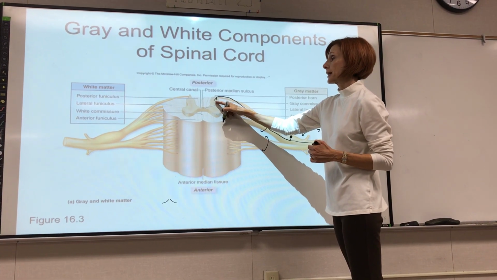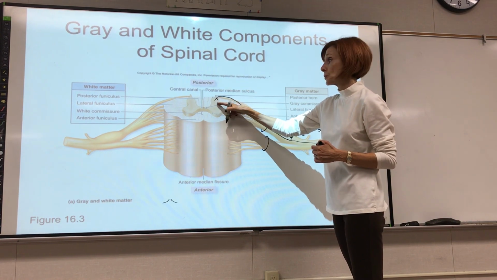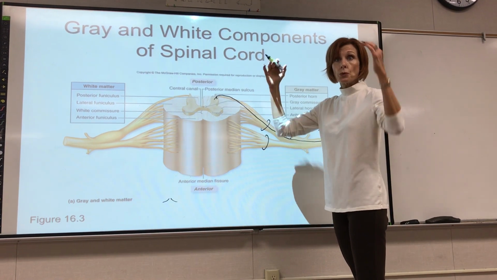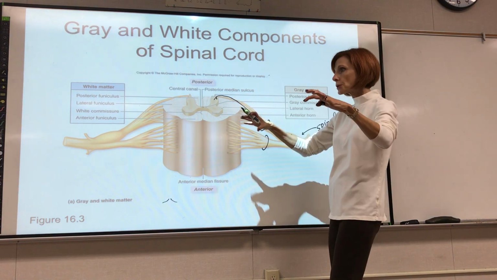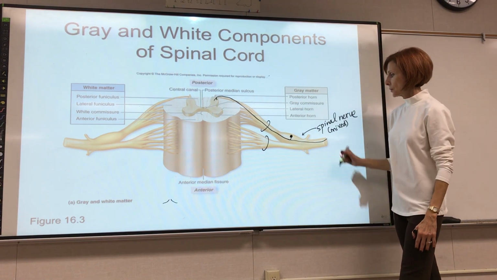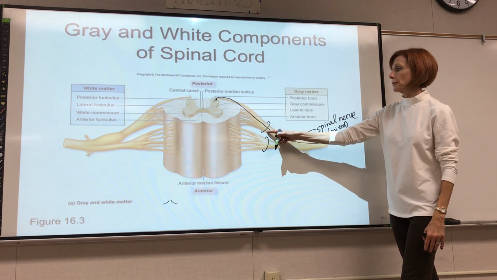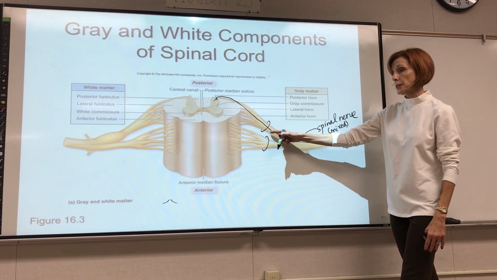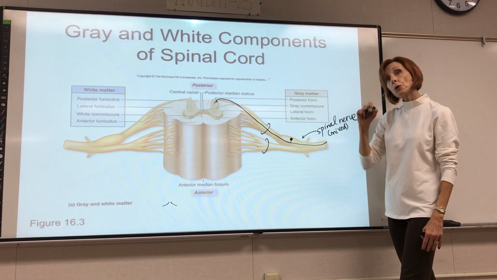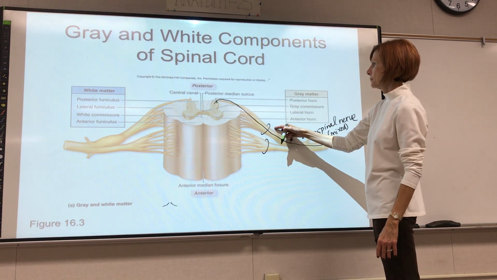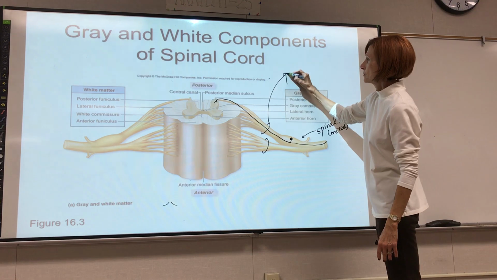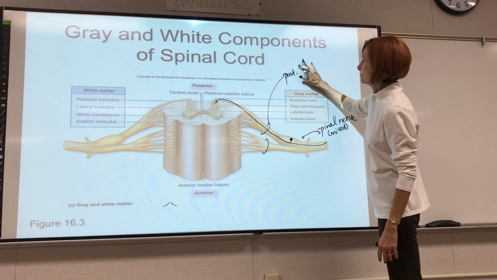So this is where that sensory neuron comes into the spinal cord, just comes into the posterior horn and hangs out there. And notice that it's traveling on this posterior root of the spinal nerve. So the posterior root you can think of as just containing sensory neurons.